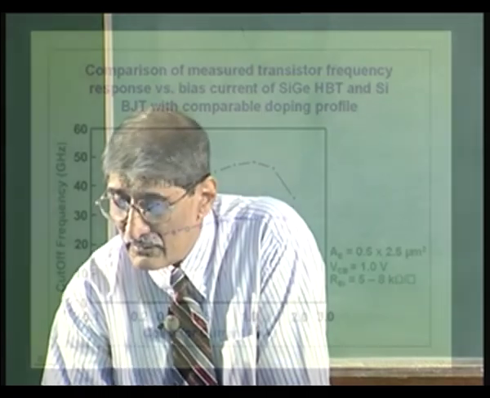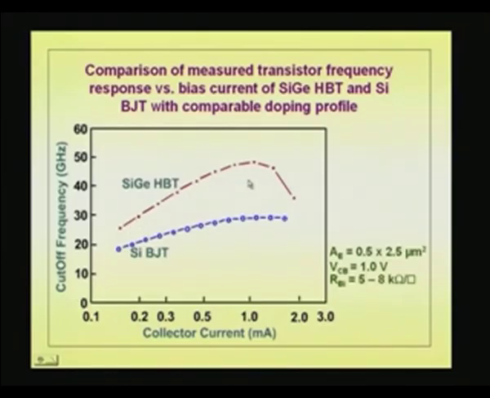That is why, as you go to higher currents, you get higher cutoff frequency. But what you have to do is compare with the single crystal BJT, which is much lower: where it is 20 or 25, you get about 50. This is an older result which I am putting here, but I have seen 100 gigahertz. This is all gigahertz, 50 gigahertz.